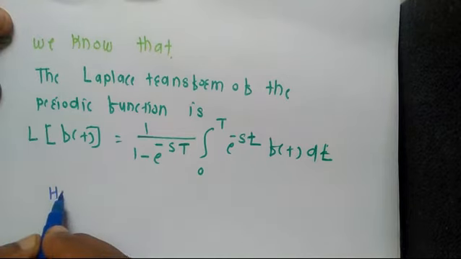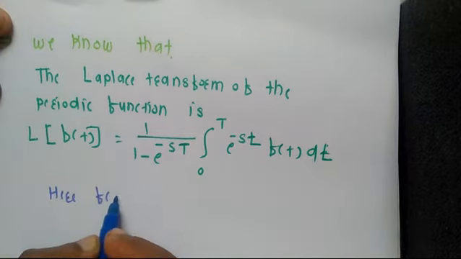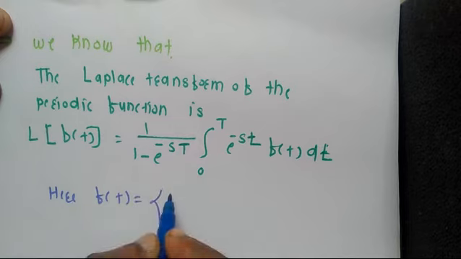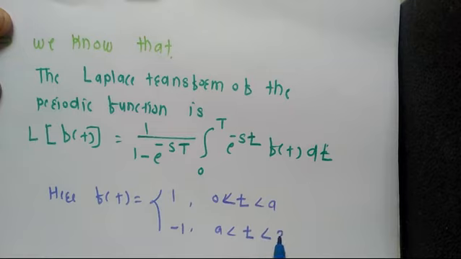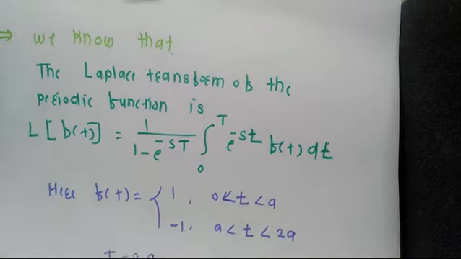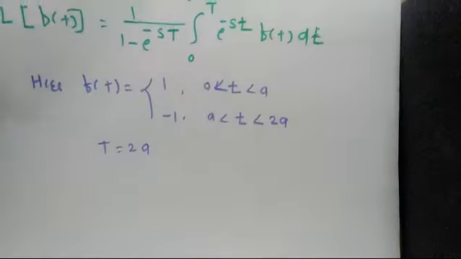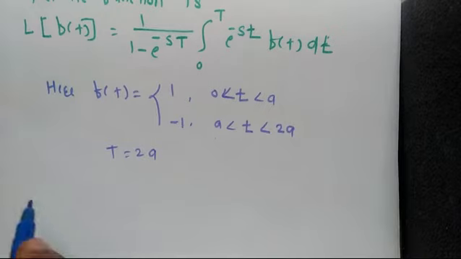Here f of t is 1 when 0 is less than t is less than a, and minus 1 when a is less than t is less than 2a. And what is the capital T? Capital T is 2a. So we will put all these values.